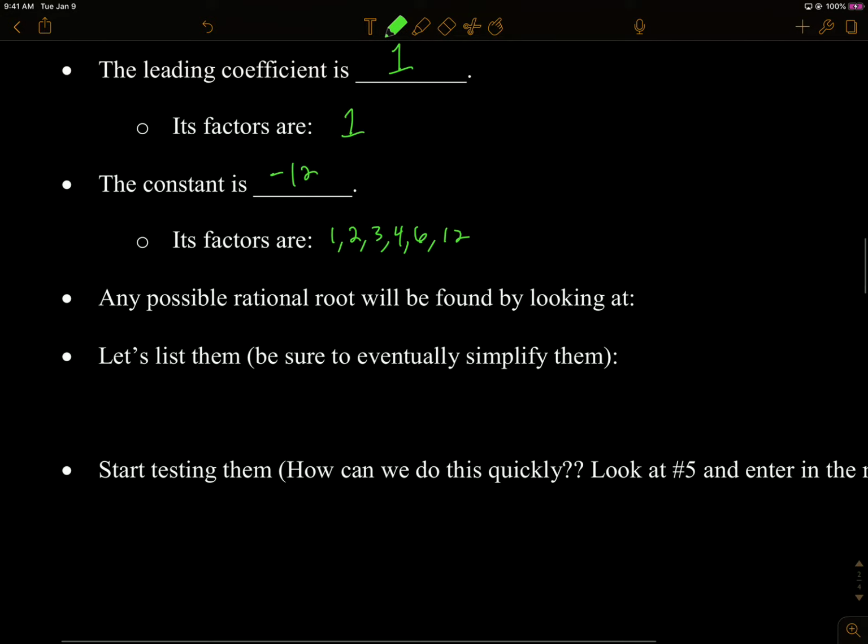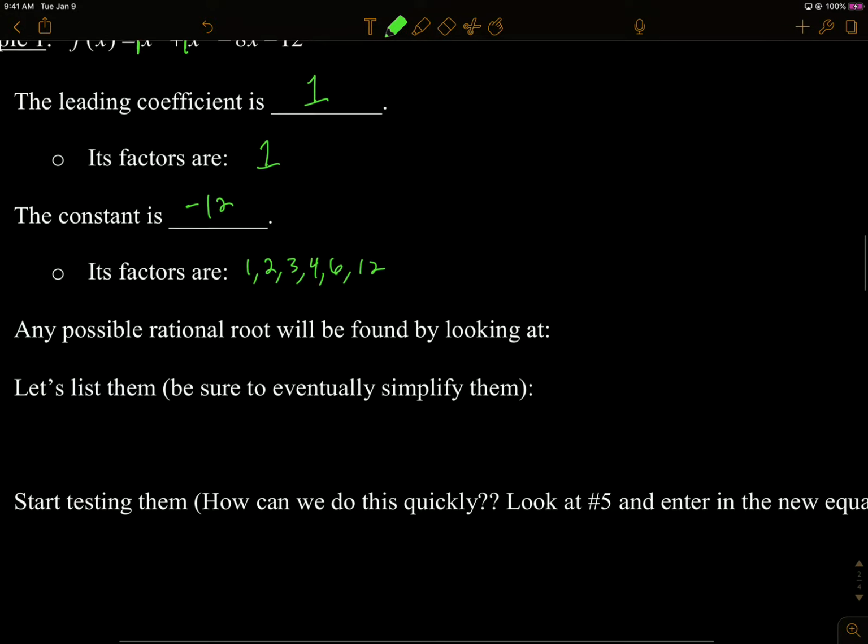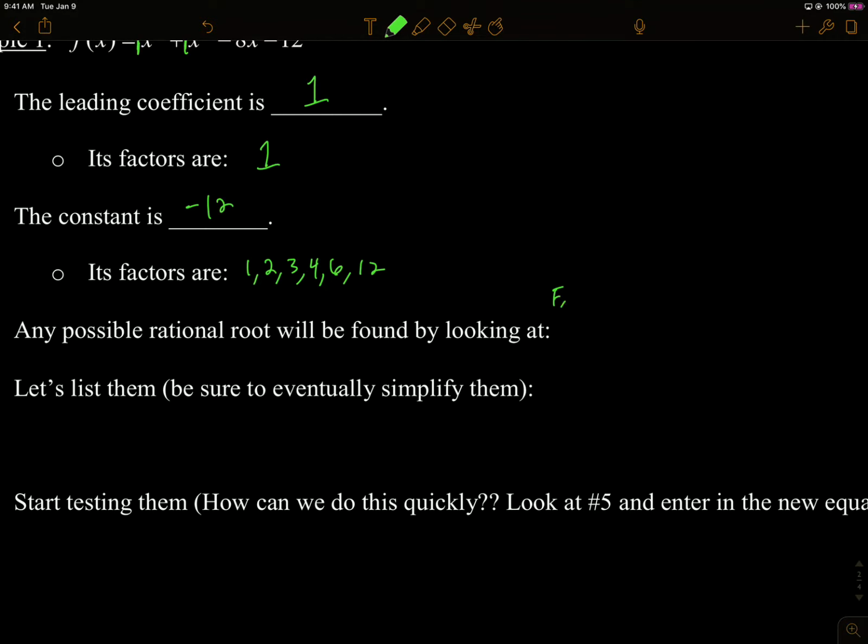Any possible rational root will be found by doing the division of those. So you're going to take the factors of the constant, this is what the theorem says, divided by the factors of the leading coefficient.